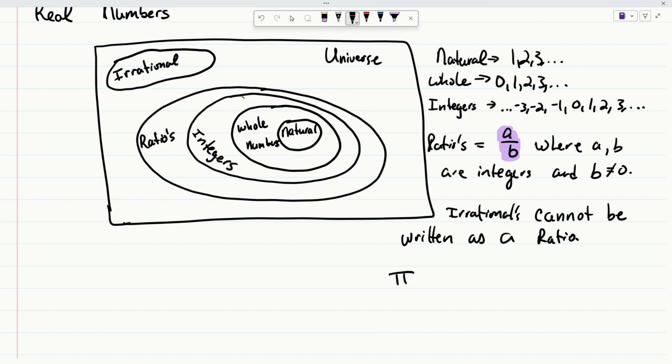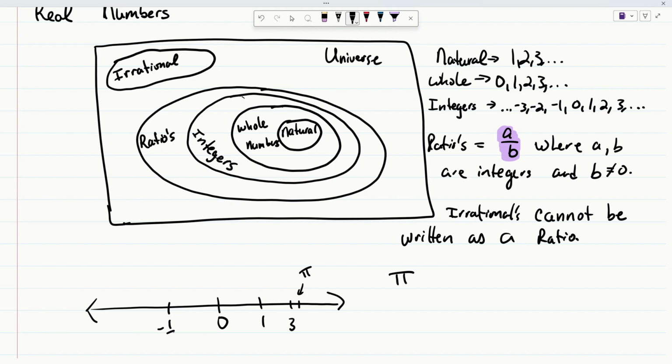So when you have all of these numbers together, you could put them on a number line. So we have 0, we have 1, we can even have 3, we can have 3.14, which is pi, so I'm just going to write pi.